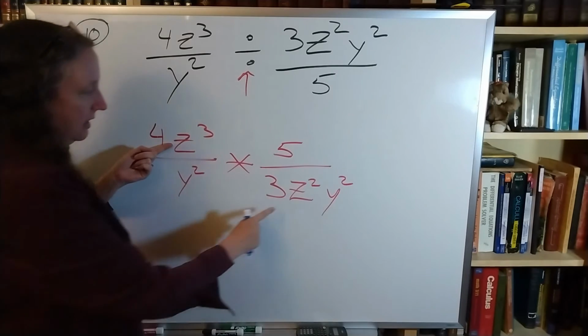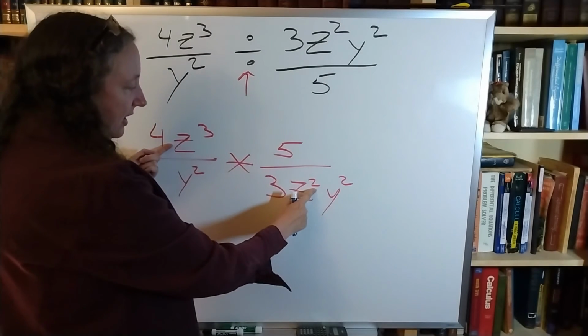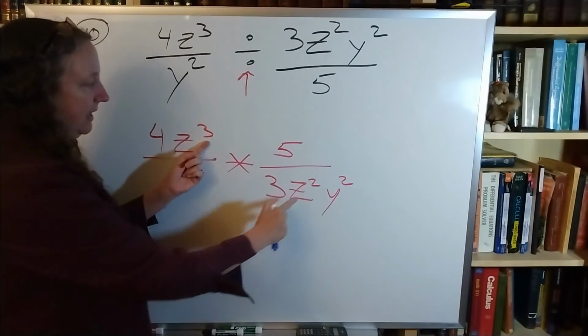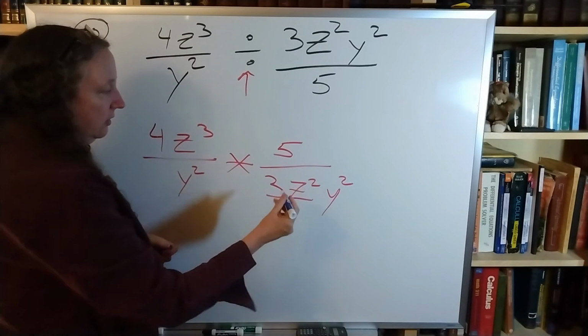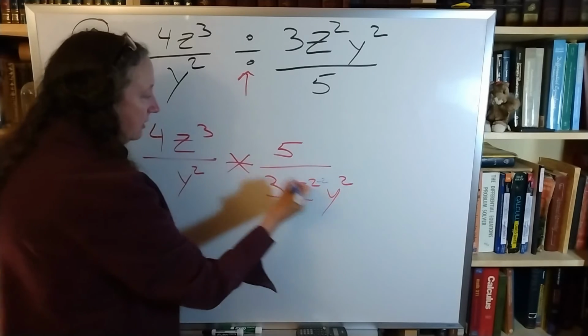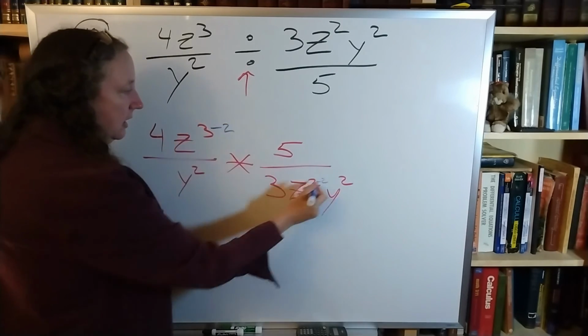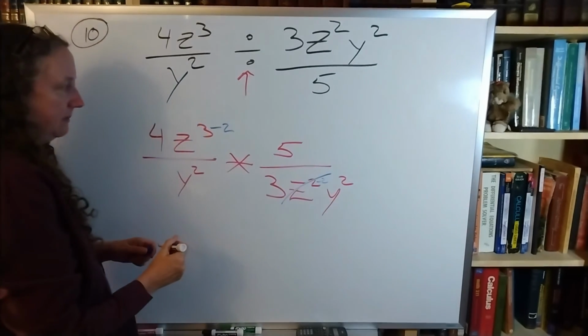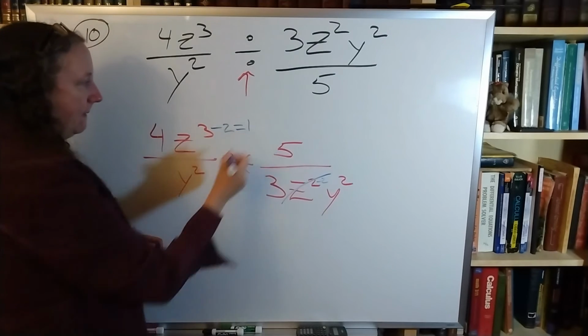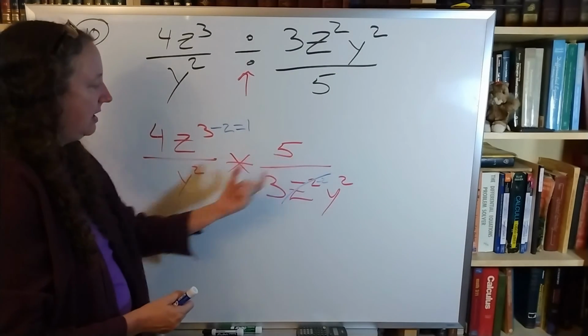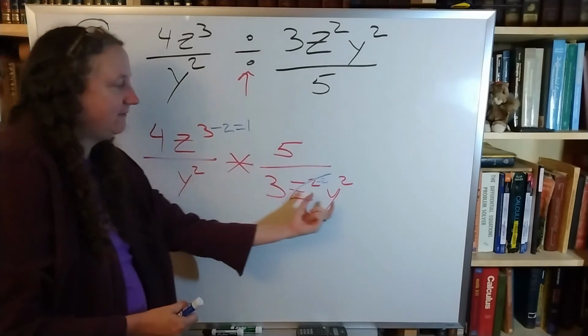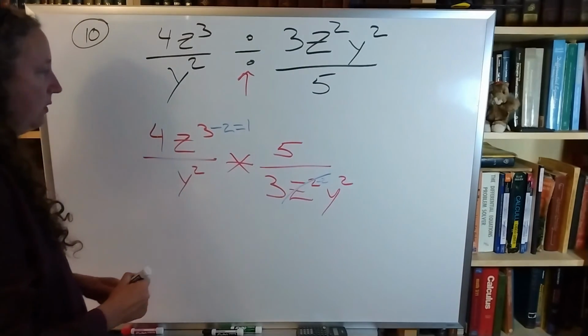That's a y, there's a z, it's raised to the 2nd power. So I compare my 2 and my 3. The 2 is smaller, so I'm going to subtract that. And I'm getting rid of that z down there. I see a 5 on top. I don't have a 5 I can cancel out, so I hold on to that.